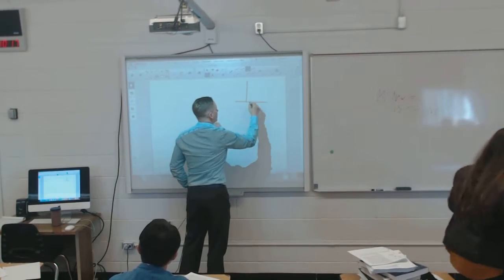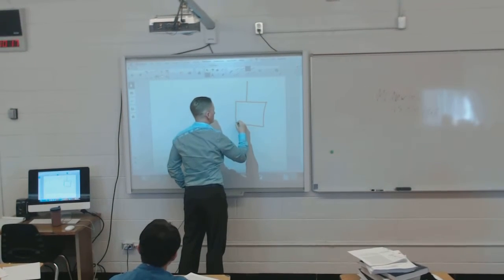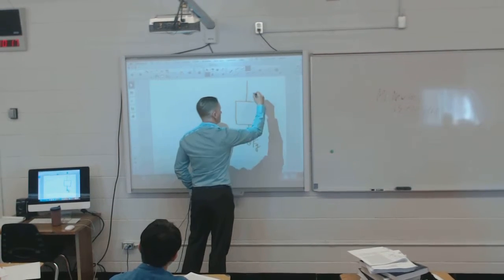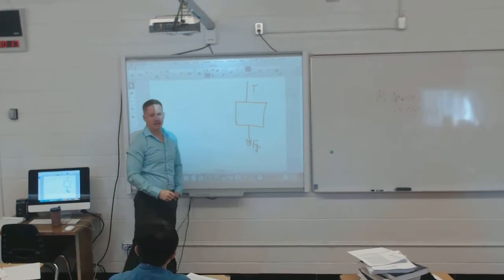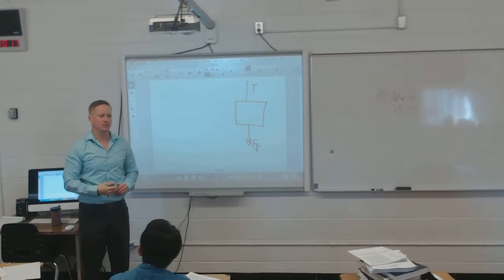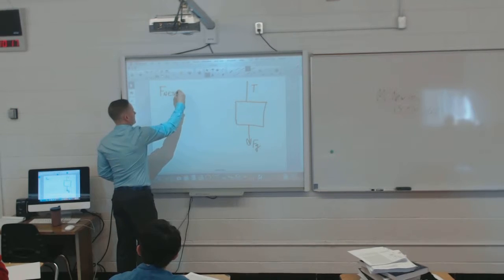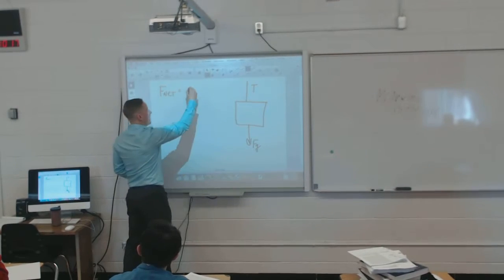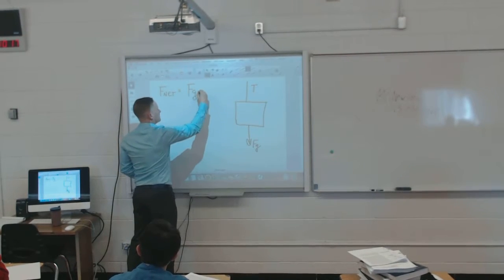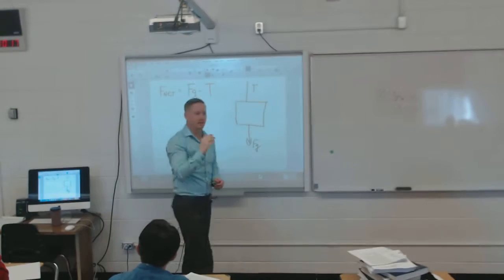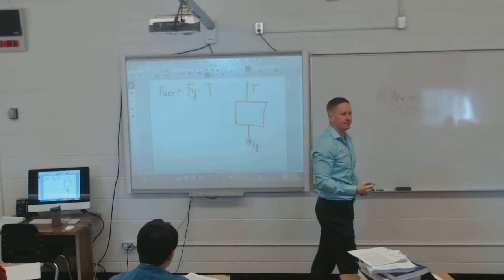Now, if that same elevator is moving downwards, then my force of gravity must be greater than my tension force. So I rewrite it as force of gravity minus tension.